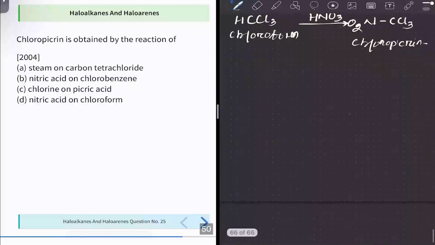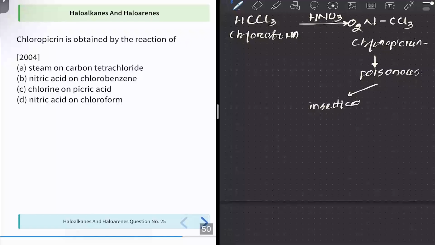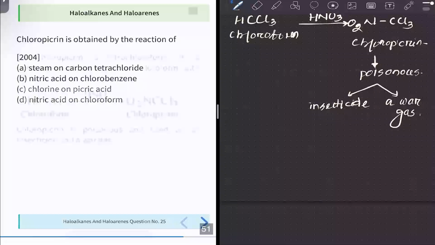This chloropicrin is very poisonous, used as an insecticide, and can be used as a war gas. So this is nitric acid acting on chloroform. Okay, option D is the correct answer.